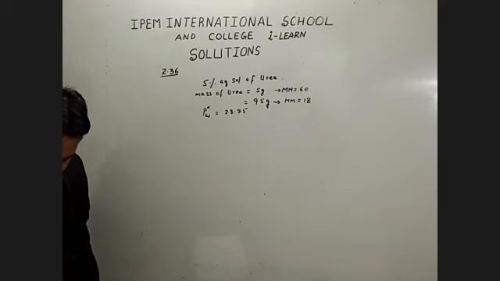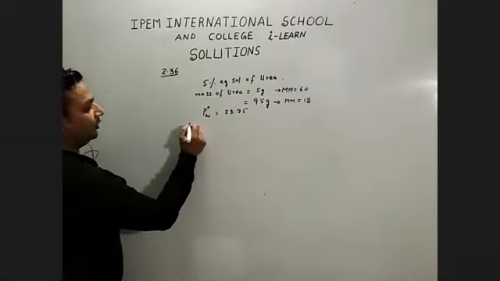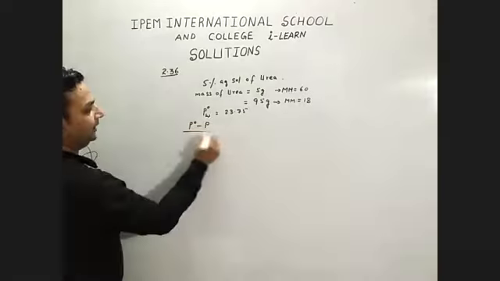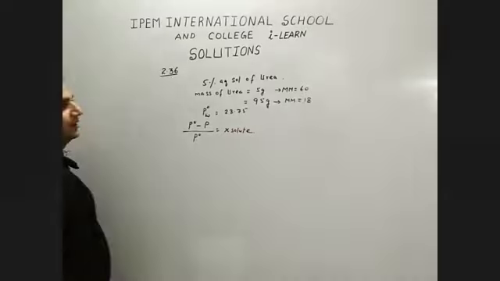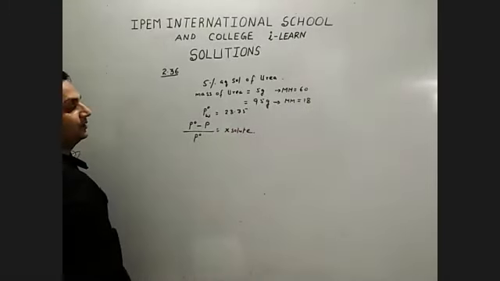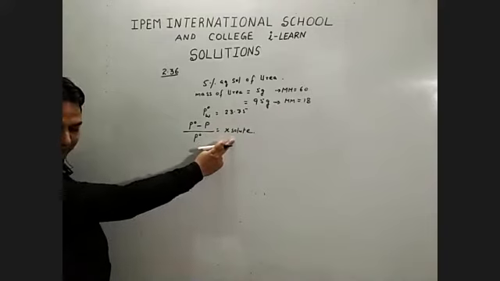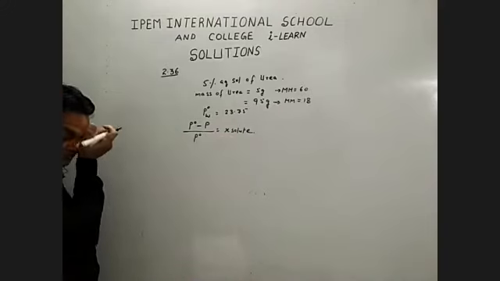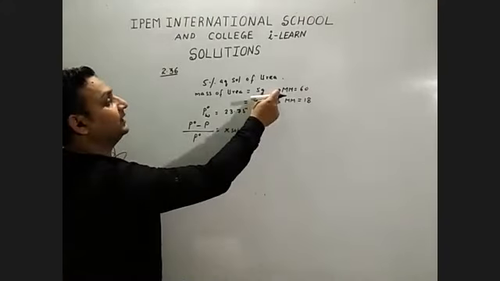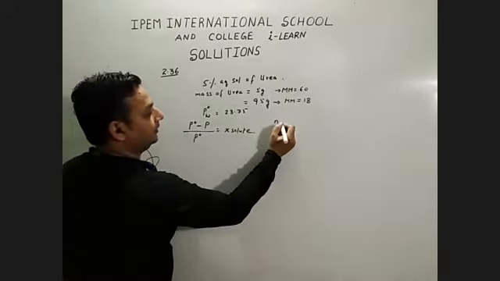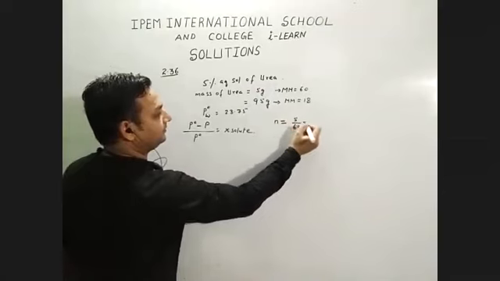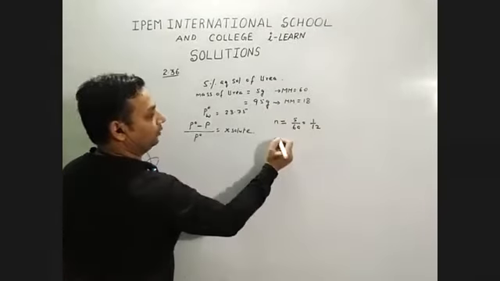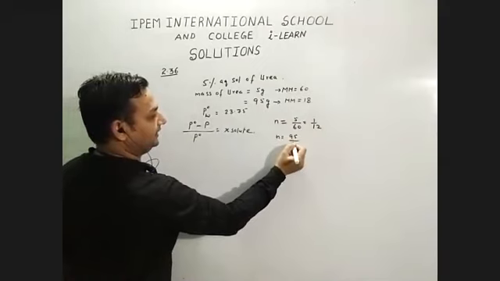Now calculate the vapor pressure. So according to Raoult's law, (P naught minus P) upon P naught is equal to the mole fraction of solute. Solute here is urea. Now the mole fraction of urea, how much will it be? Number of moles of urea is 5 upon 60, that is 1 by 12. Water's number of moles is 95 by 18.